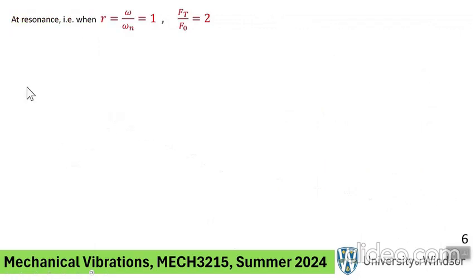So let's go here. At r equal to 1, at resonance, Ft over F naught is to be 2. So let us plug in what we know. Ft over F naught has this expression, and we want this thing to be 2.